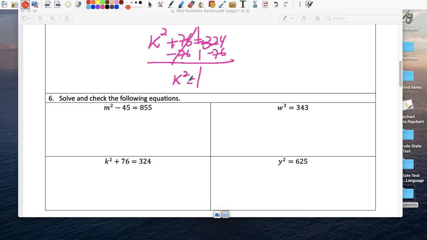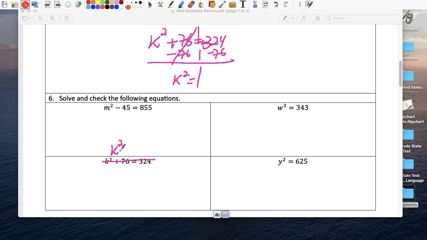K squared equals 324 minus 76, which is 248. Oh no, that's supposed to be a minus. I'm going to ask you guys to skip. Let's hang on a second. Let me change that to a minus. Yeah, so I have to change this problem to a minus.